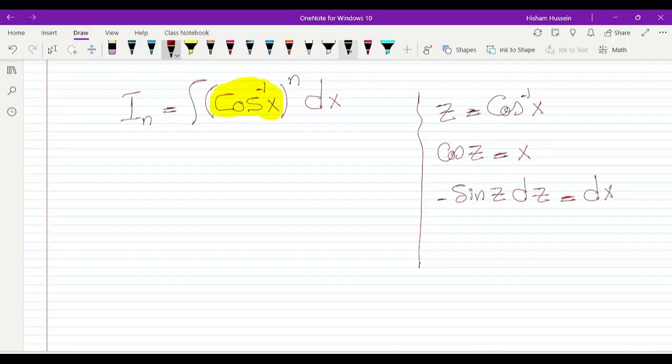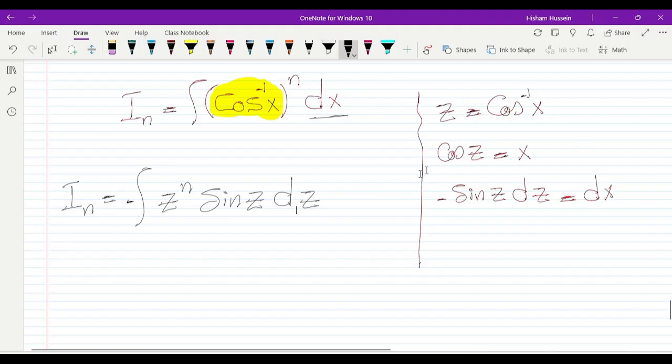So it's clear now that in I_n we replace this cosine inverse x by z to the power n, and replace this dx by negative sine z dz, and continue with the same steps as before.